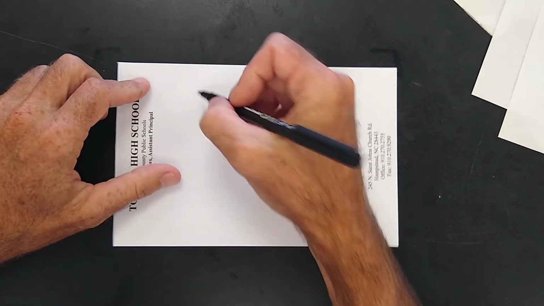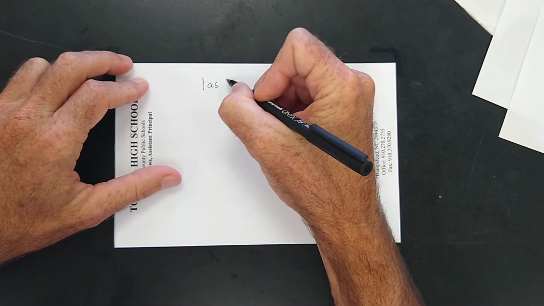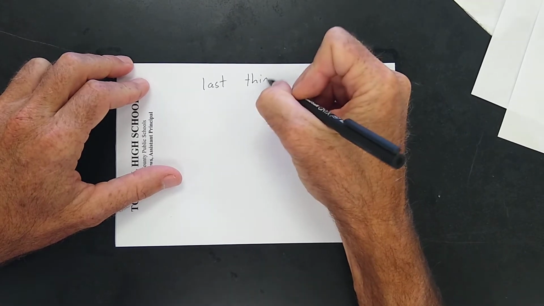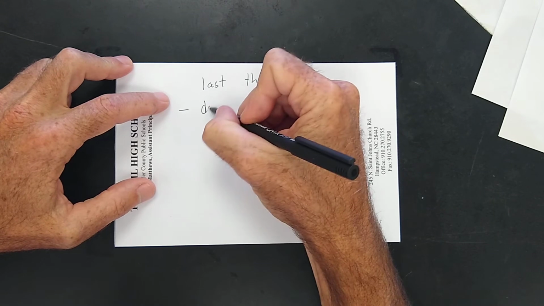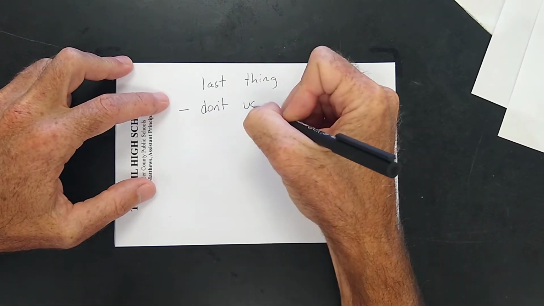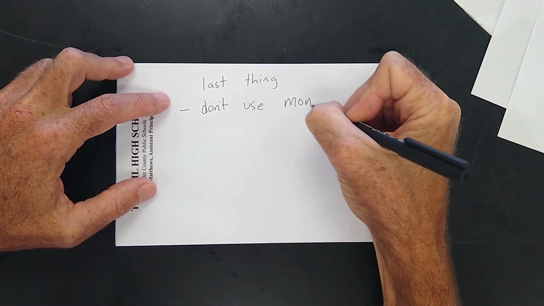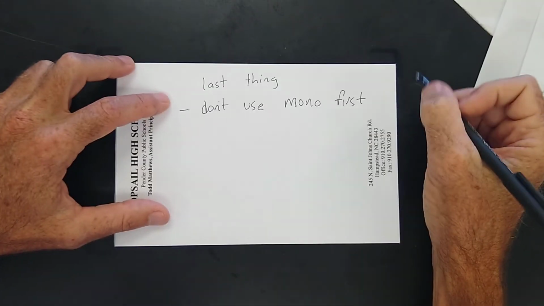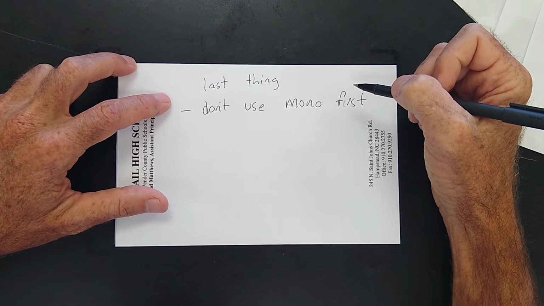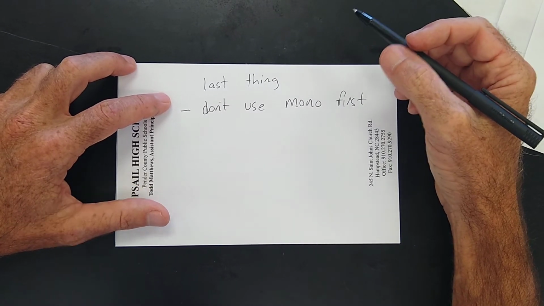The only other thing you need to know about rule number 3, the last thing, is a rule that you already know, and that is don't use mono first. In other words, if the first atom is single, you don't have to say mono. And here's something you know.